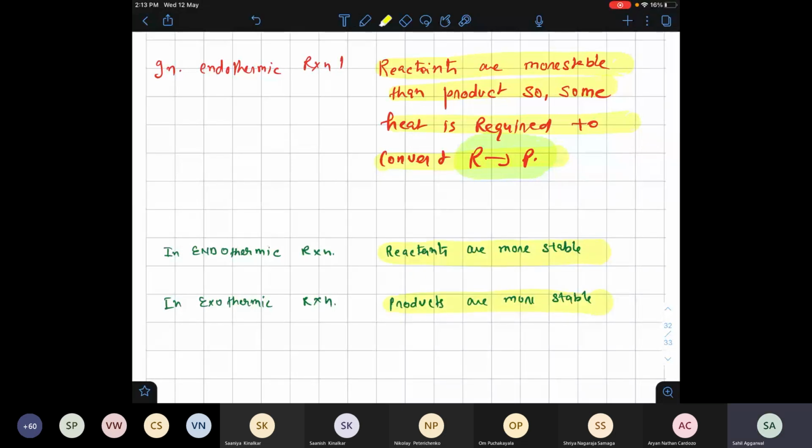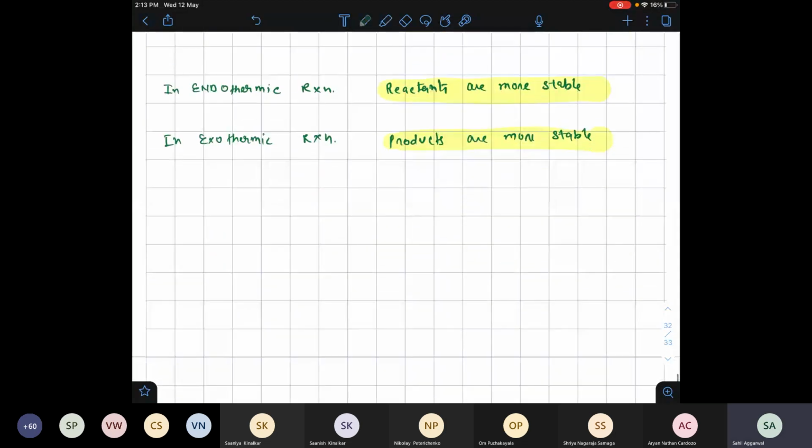Right? Do we know energy is inversely proportional to stability?